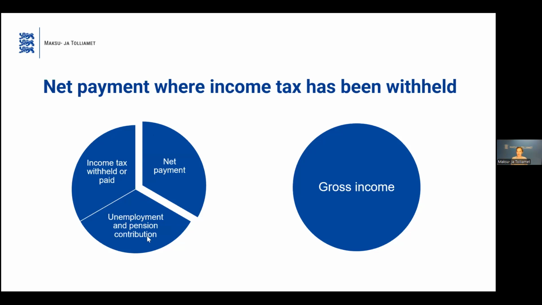This information has been given to the Estonian Tax Administration by your payer, and later when you open your tax return online, you can find this information already pre-filled by the Estonian Tax Administration in your tax return.